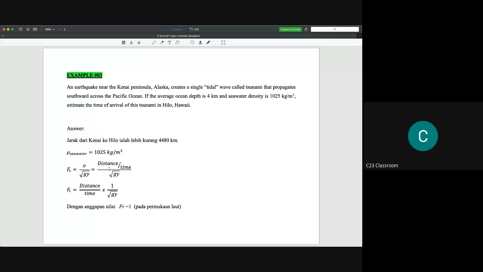Then we rearrange this equation. The most important assumption is that at the free surface, the Froude number must be equal to 1. This is the assumption commonly used when we use the Froude number.